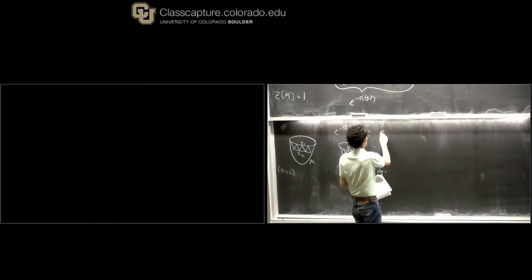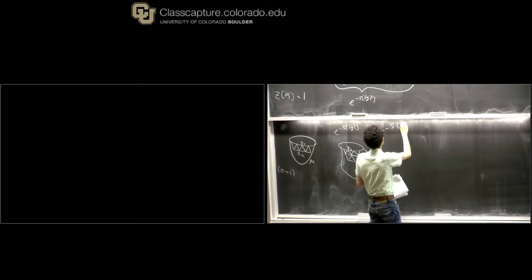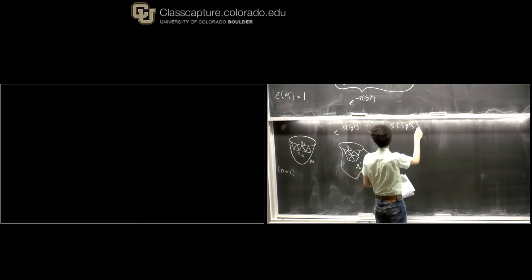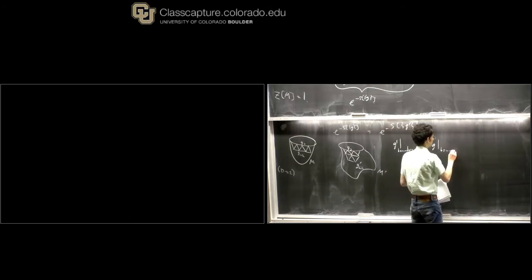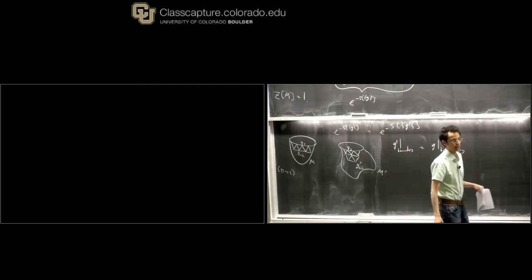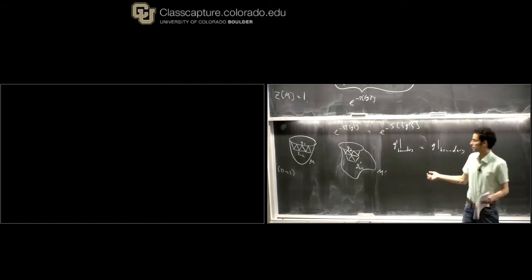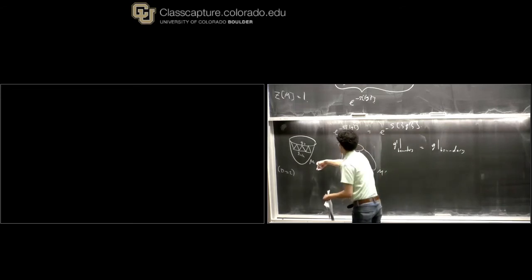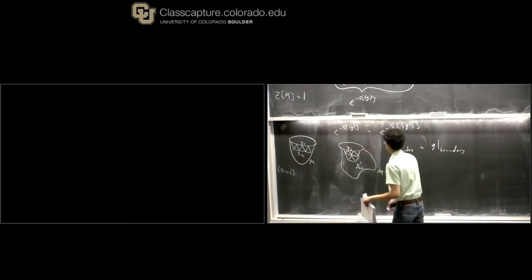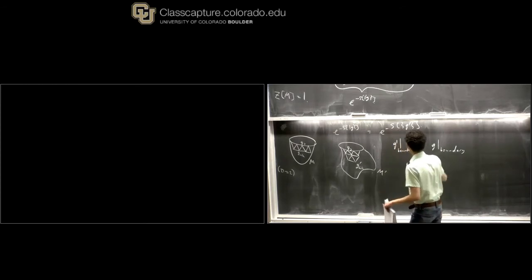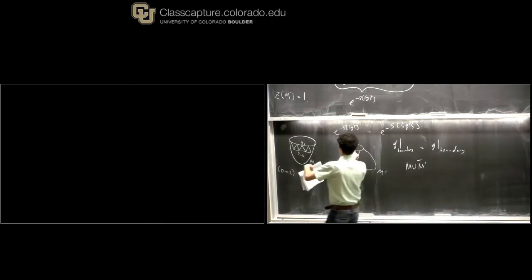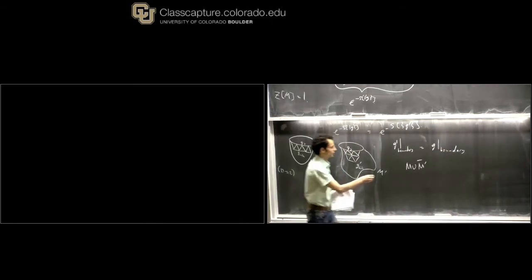My claim is that the actions are the same, where g prime boundary is equal to g boundary. The way to see that is to take the manifold M and the manifold M prime with opposite orientation, consider M union M prime with the opposite orientation, and glue them together.